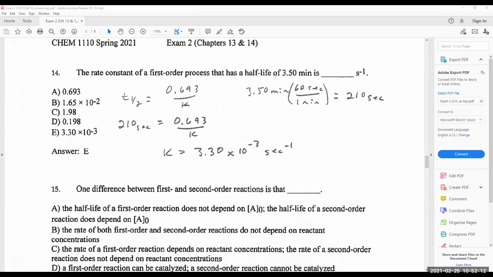Okay, 14, the rate constant of a first order process. So once again, knowing the order of the reaction tells us which of those different formulas we want to use.